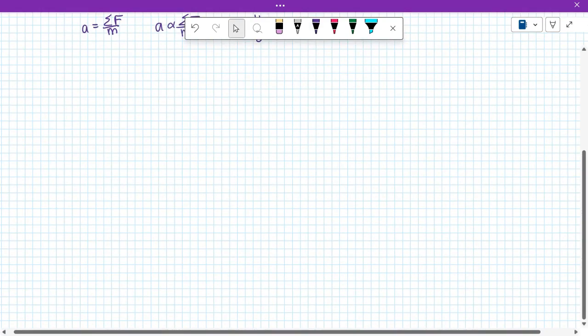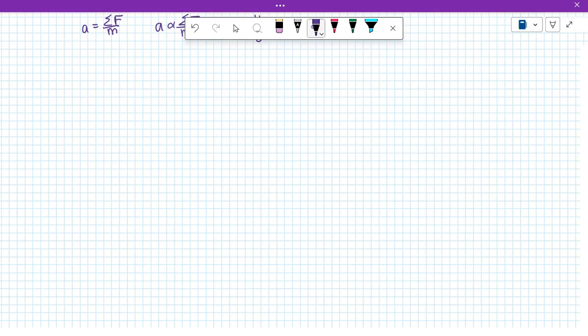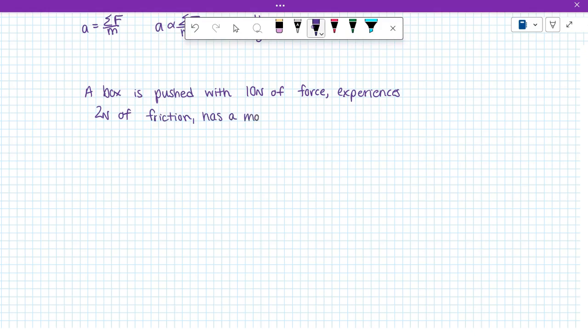So those are those if-then questions. Now we can do a basic net force question. Let's say a box is pushed with 10 newtons of force, experiences 2 newtons of friction, and has a mass of 2 kilograms.